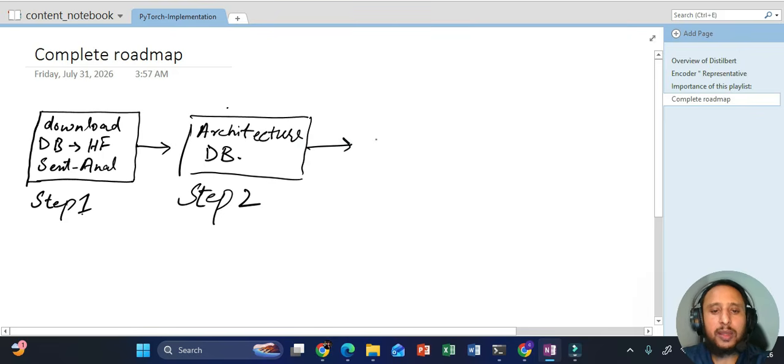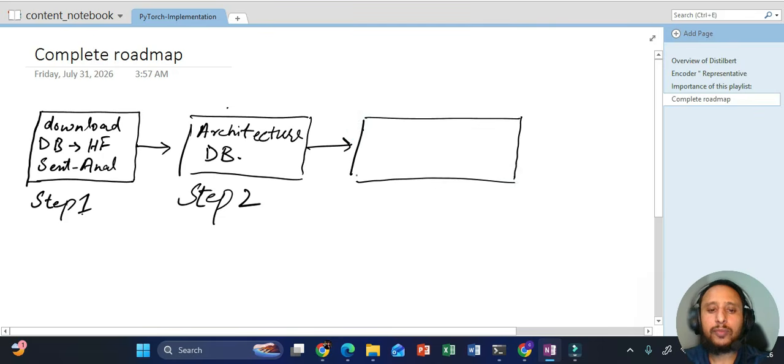Then we are going to write our own custom classes where we will be implementing the DistilBERT architecture with the help of PyTorch.